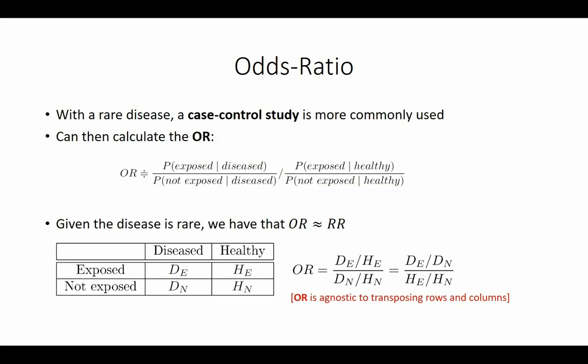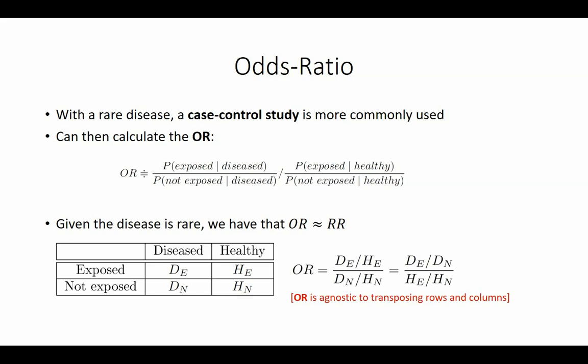So because of this asymmetry, which prevents us from calculating the risk ratio, in many cases there is a different measure which we could use in case control study design, which is called the odds ratio. That's the reason it's more common than the risk ratio, even though it's less intuitive. The definition of the odds ratio is more complex.